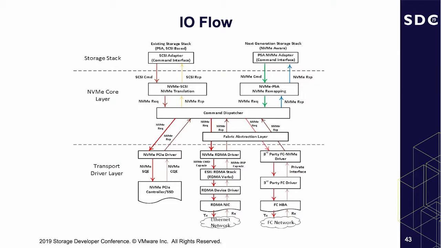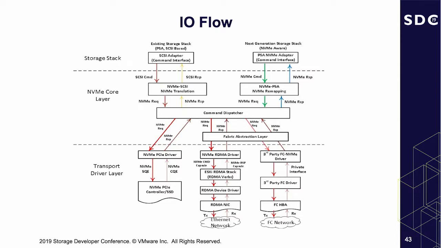Here's an IO flow. And here again, the key is the command dispatcher. As you could have seen from the layered diagram, we are able to work both with the legacy SCSI-based storage stack as well as the next generation NVMe stack.